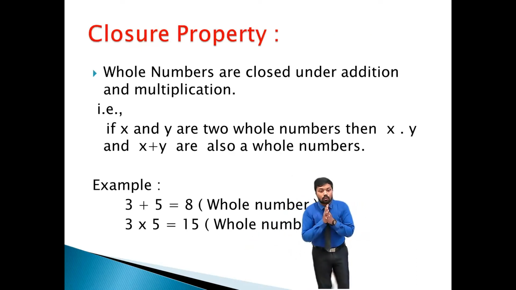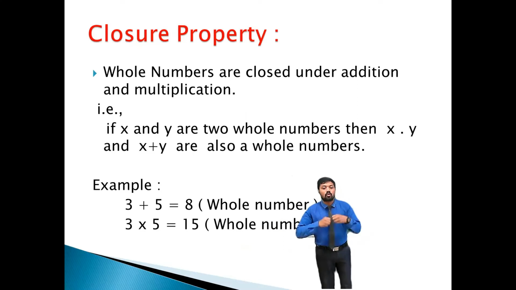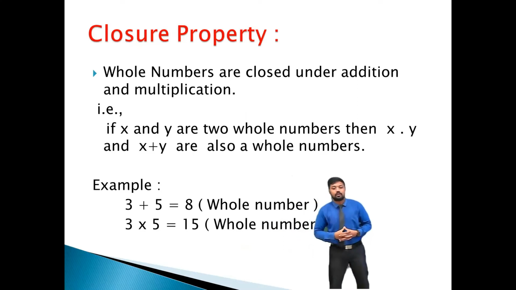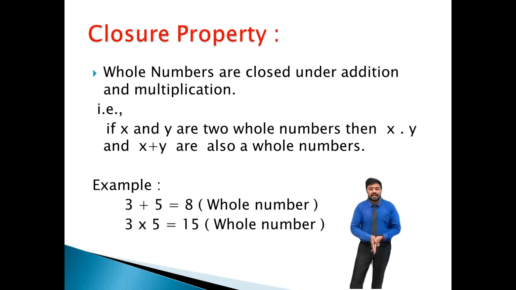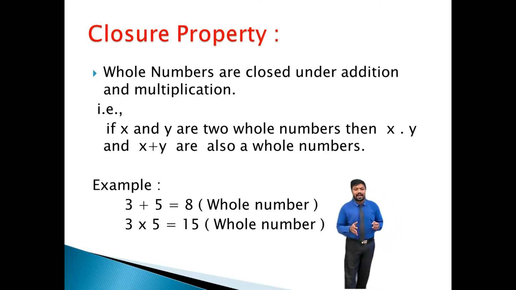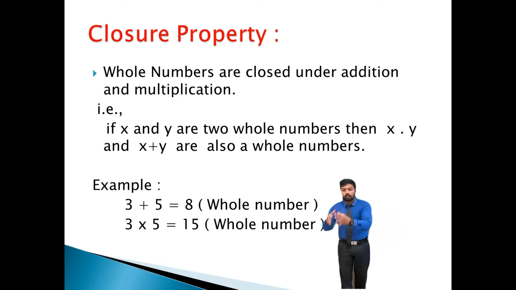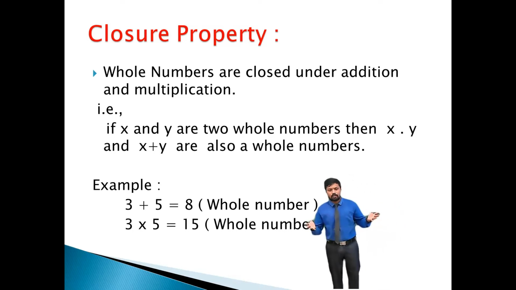Whole numbers are closed under addition and multiplication, which means the result should not go out of the set. If x and y are two whole numbers, then x plus y and x into y are also whole numbers. If you add any two whole numbers, the result should be a whole number. If you multiply two whole numbers, the result should also be a whole number. That's it. It's very simple.